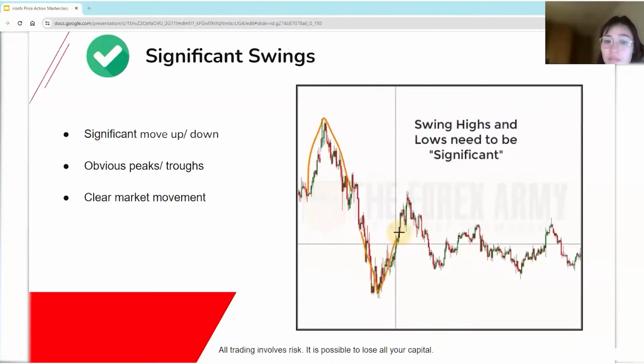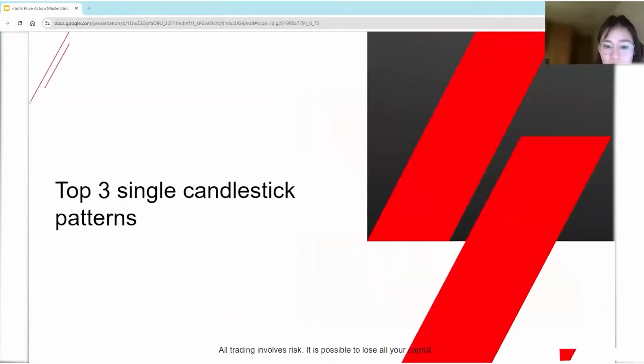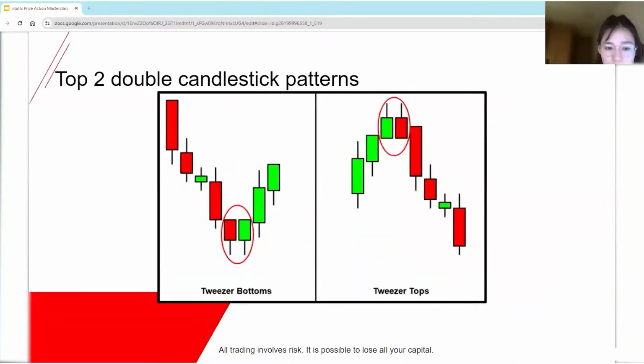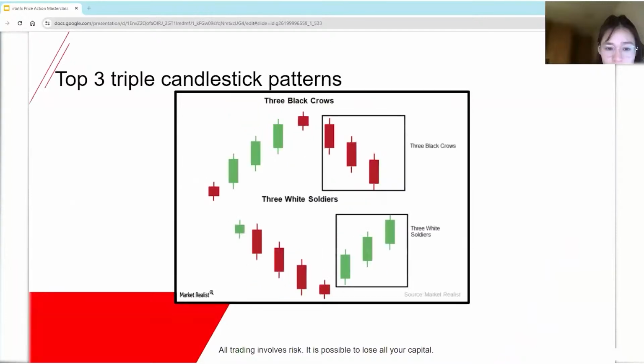I can't really remember the patterns off the top of my head. So for bearish, we would be looking at the three black crows for a bearish setup. I hope that answers your question.